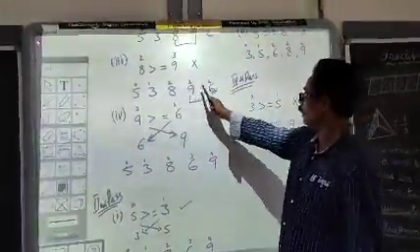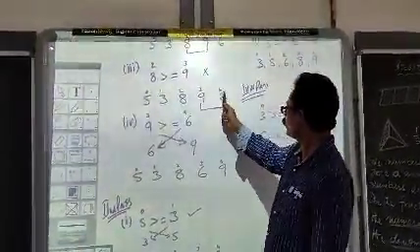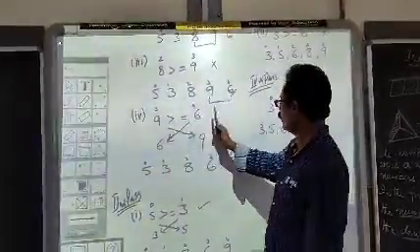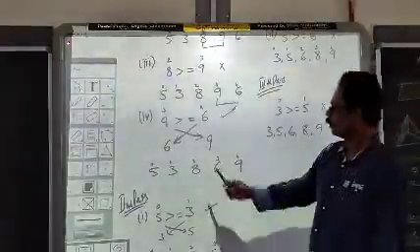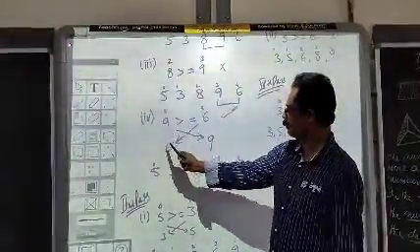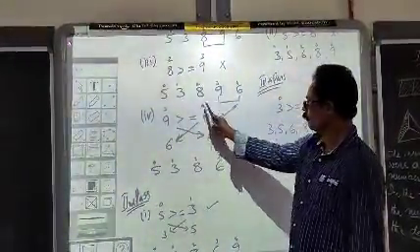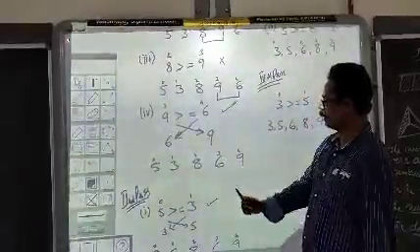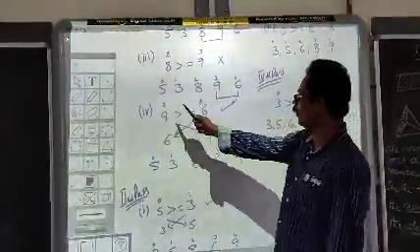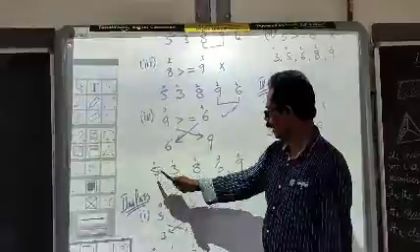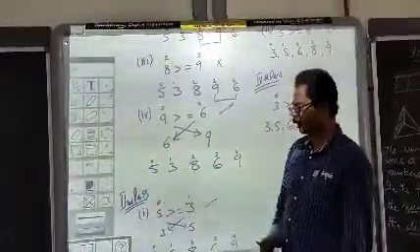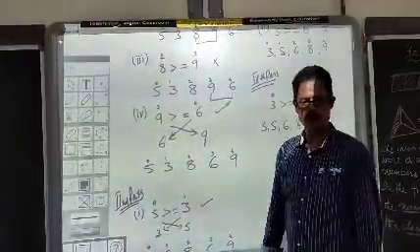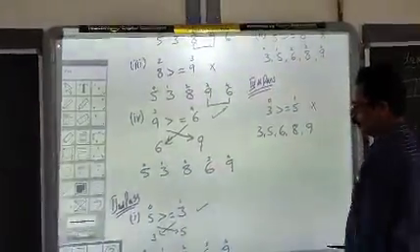Index 3 is 9, and index 4 is 6. Is 9 greater than or equal to 6? Yes. Since the condition is true, swapping takes place. 6 goes into index 3 space, 9 goes into index 4 place. That means the new arrangement of the array at the end of the first pass is 5, 3, 8, 6, 9. Now this array will be the base for the next pass or the next iteration.